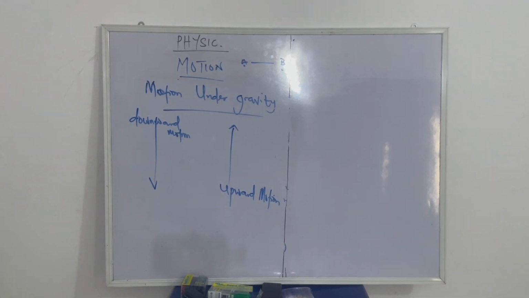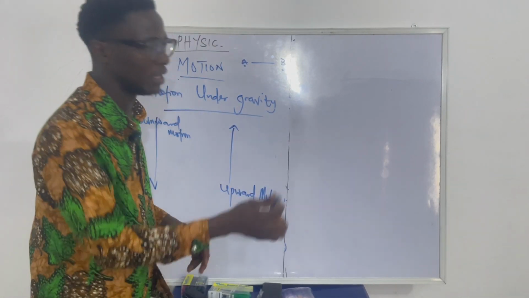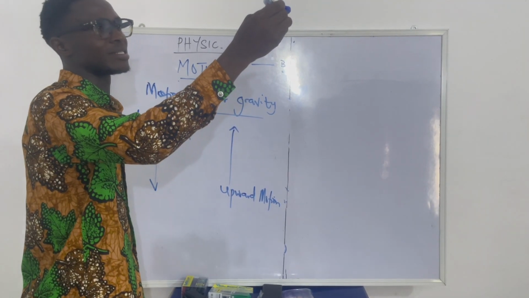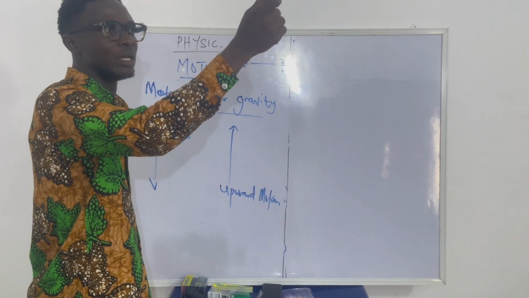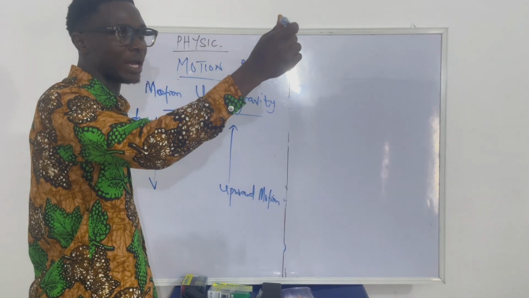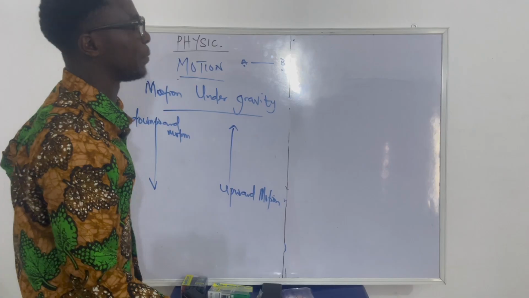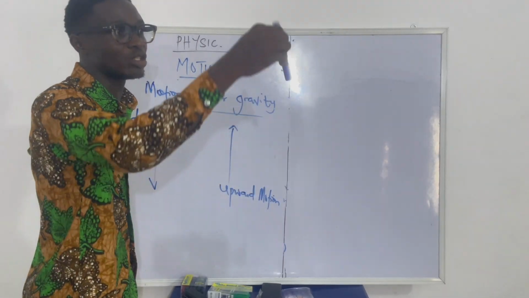And for an object to fall freely, we know that it can be done under the influence of what? Of force. Because there is gravity on this. If I lift this thing, it will drop. So it goes up, which means that it comes down.